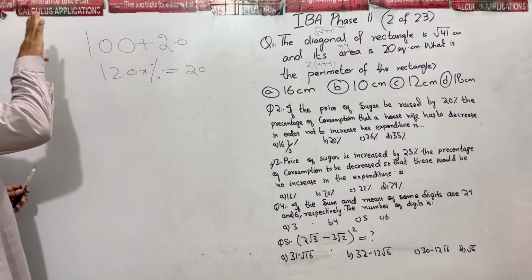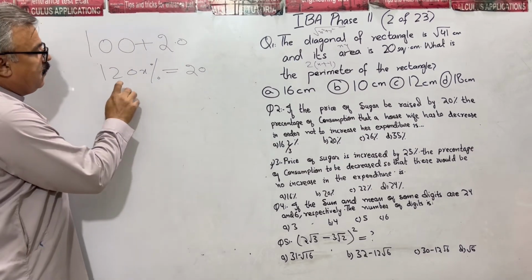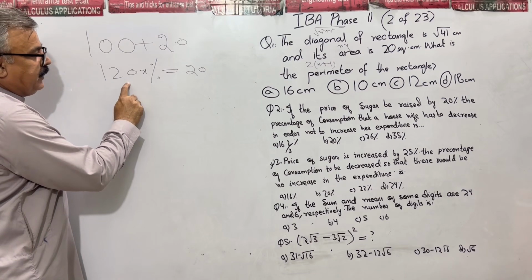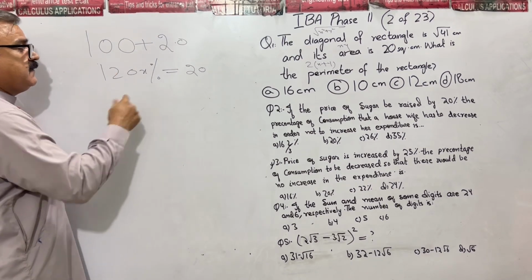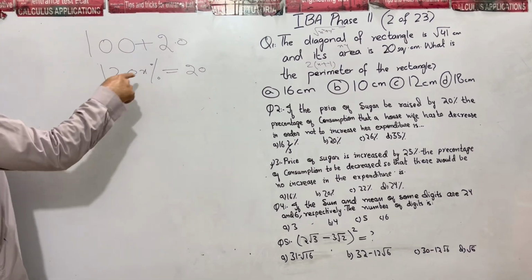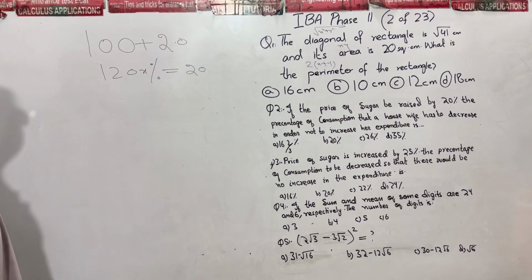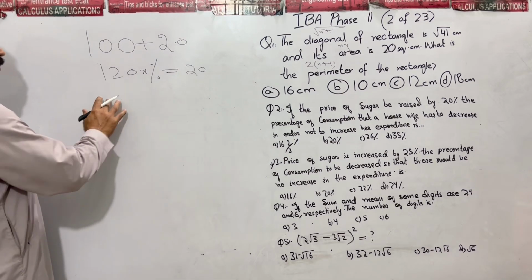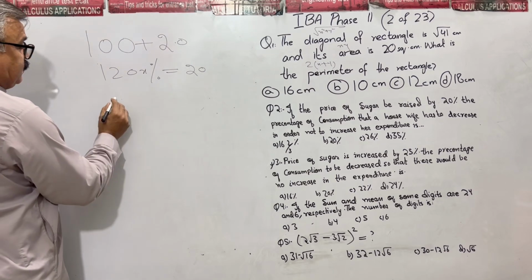Now we have to curtail its consumption: from 120, we have to decrease only 20. What percent of 120 is 20? That is the budget issue to be applied in order not to disturb the expenditure.